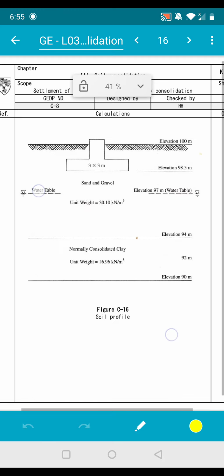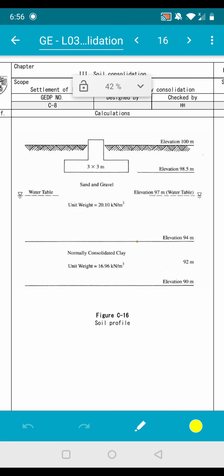So this is a soil profile related to the problem. So you have a square footing here, ground elevation at different height, okay, and you have water table. So first layer of soil, second layer of soil.